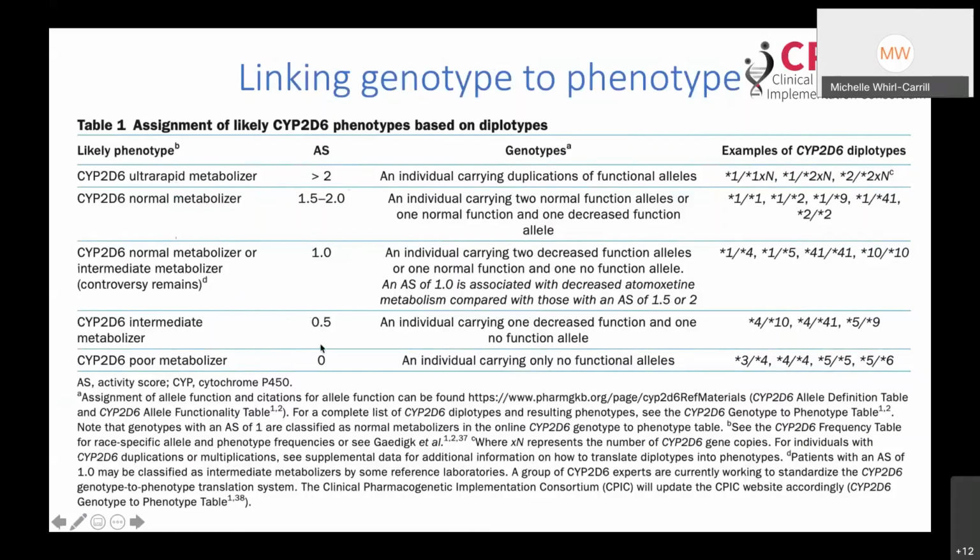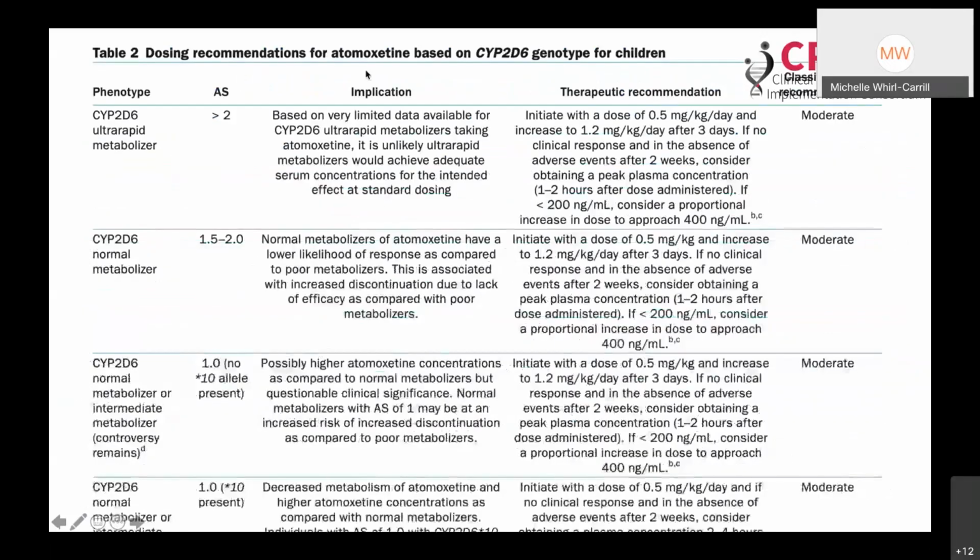People use something called an activity score also, in addition to the phenotype, in order to rank and group together the diplotypes. So every CPIC guideline has a table like this where we link genotype to phenotype first. And then we have a second table where we connect the phenotype to the therapeutic recommendation.